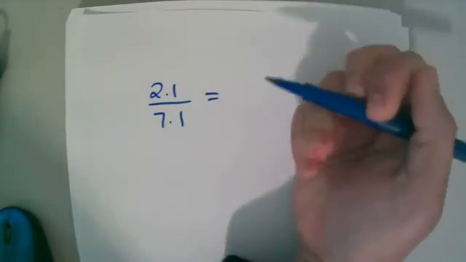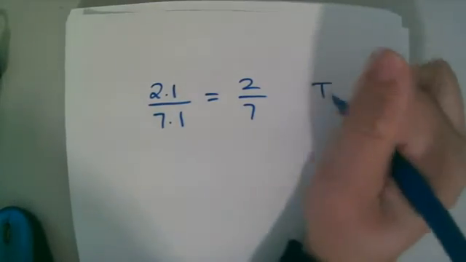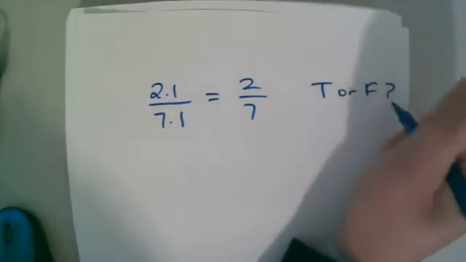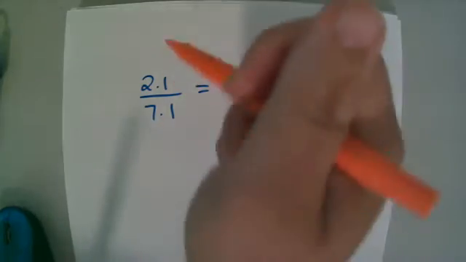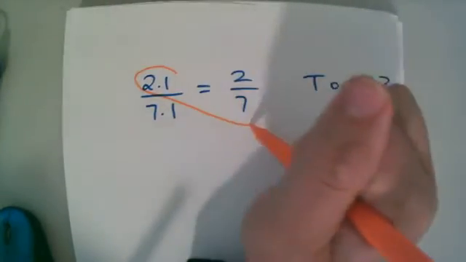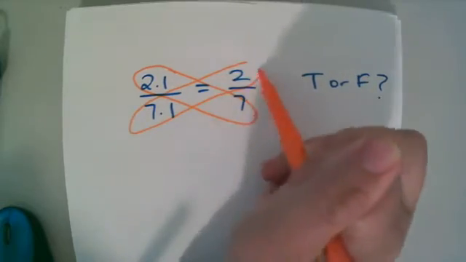So we have 2.1 over 7.1 equals 2 over 7. And we're trying to figure out, is this true or false? Okay, we don't know. How do we figure this out? We cross multiply. I'm going to multiply 2.1 times 7, and then 2 times 7.1.